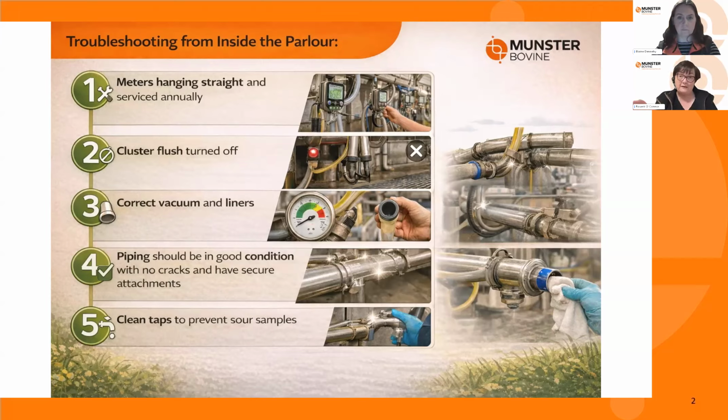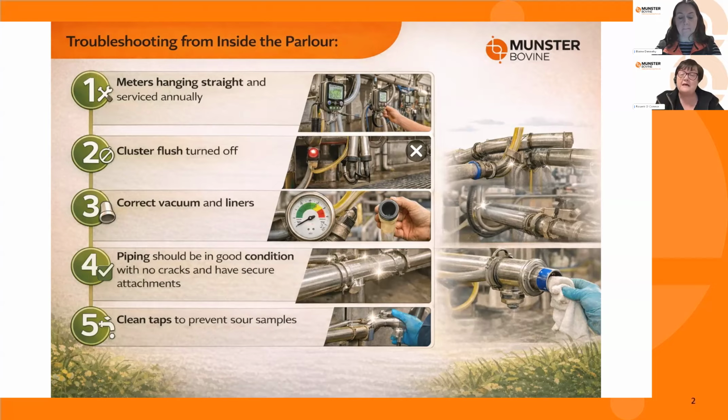Now, turning off the cluster flush if you don't have a non-return valve. People that have jars and cluster flush, there's a non-return valve, so the water doesn't go into the jars. Most places, though, aren't set up with a non-return valve for meters, so you need to turn off the cluster flush.